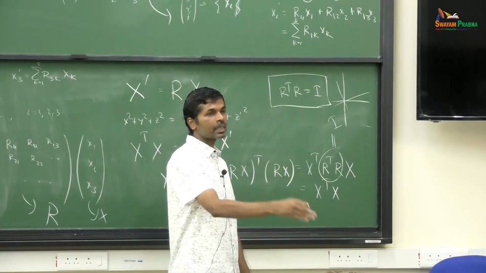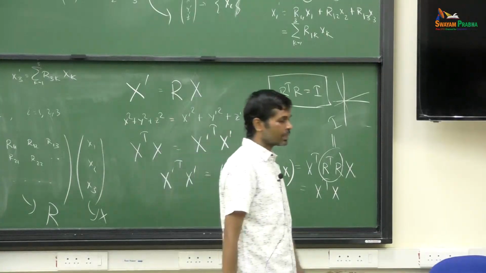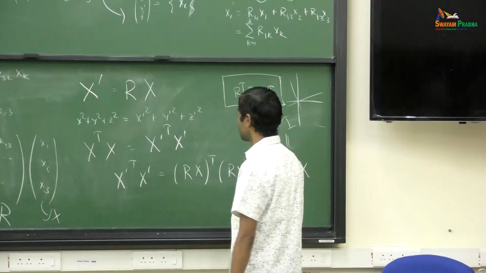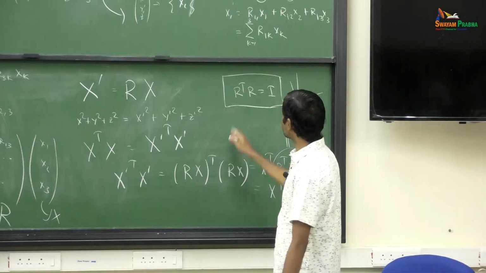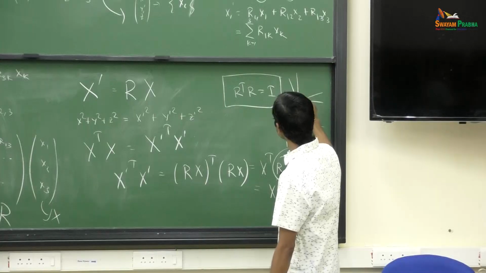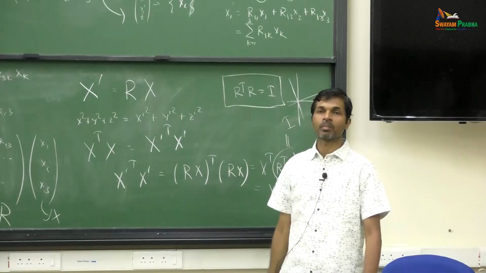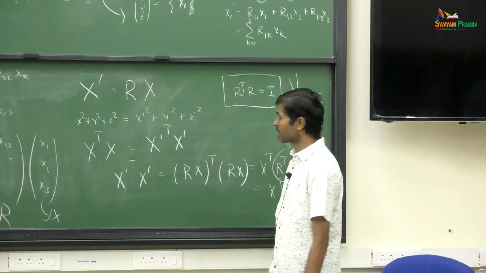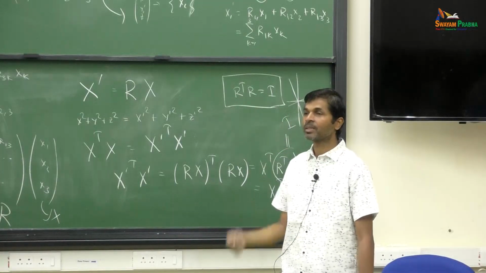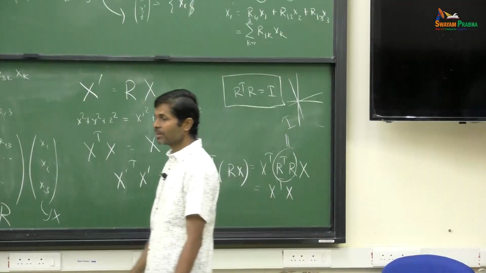If you translate, then again that's a different story. We can talk about translations a little later, but let's just consider a system where the origin is not changed. We are making all sorts of orthogonal transformations without changing the origin. So reflection is an example.